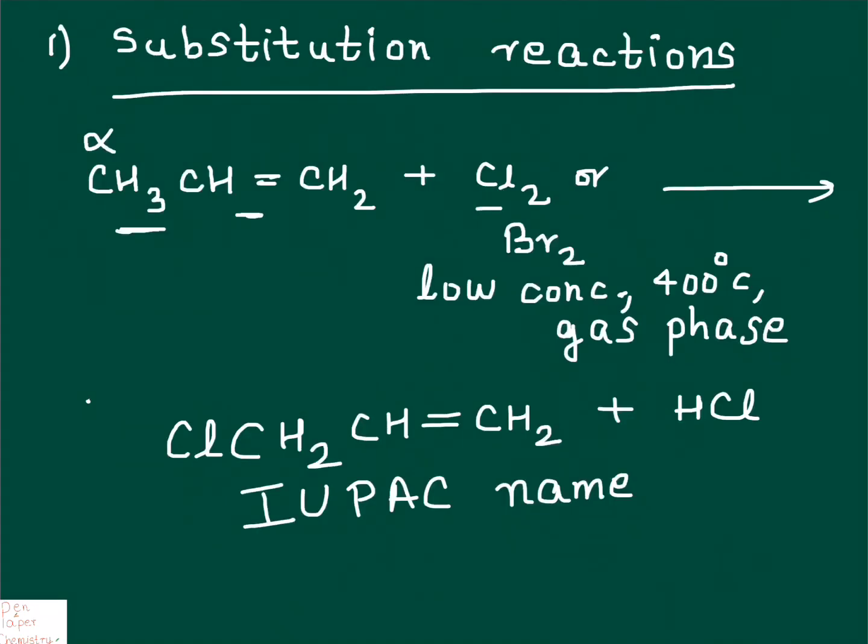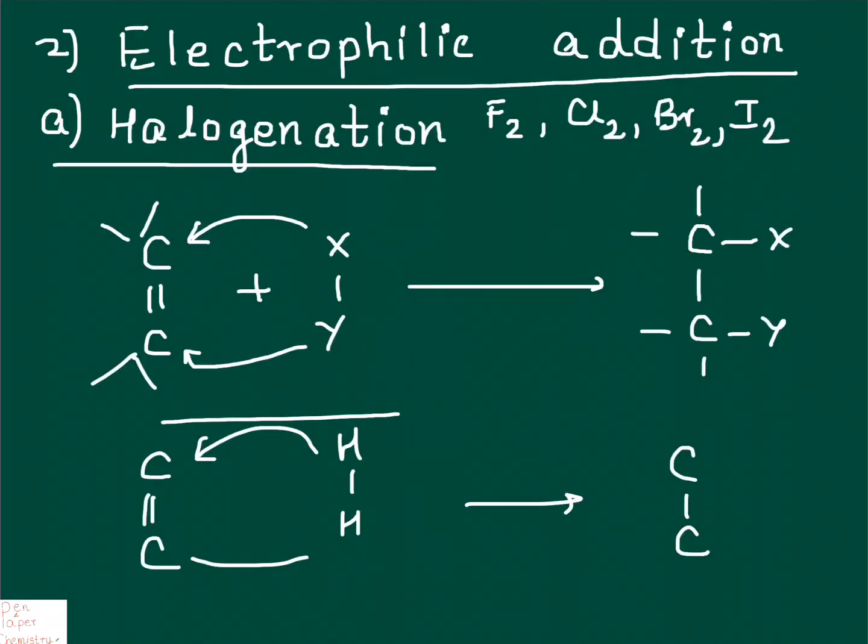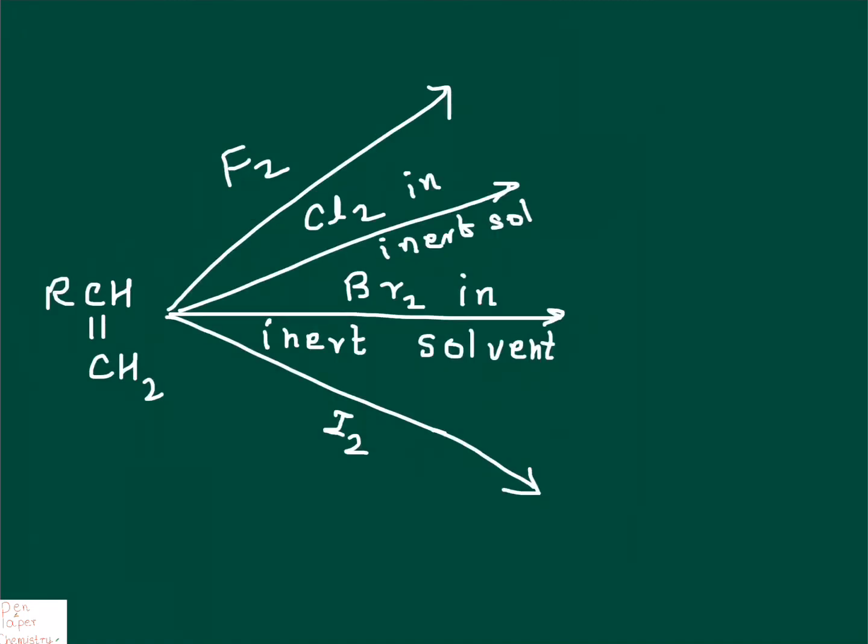Just now I said that if you take chlorine or bromine in low concentration, 400 degrees Celsius, gas phase, you get the substituted product. You want to know why we take the low concentration? Because if we take high concentration of these, the reaction that takes place is called halogenation, addition of halogen across the double bond.